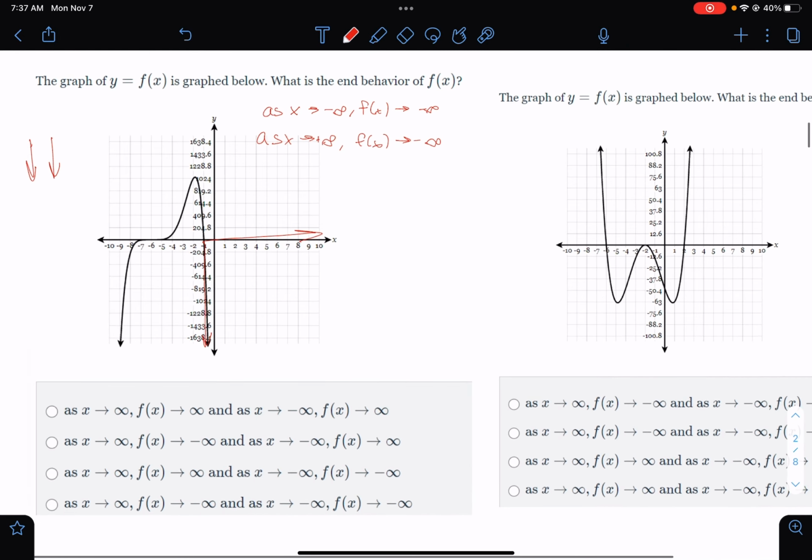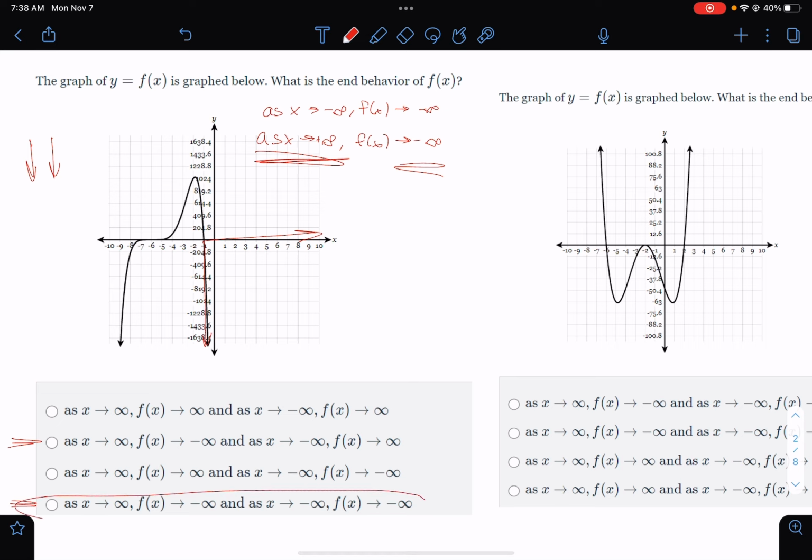So we could look here. As x goes to positive infinity, we need it to go to negative. So positive to negative, it's going to be this one or this one. And then as x goes to negative infinity, the function goes to negative infinity. So that is going to be this guy right here.